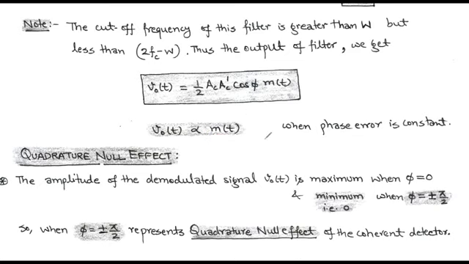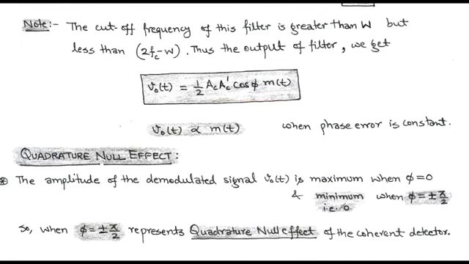Now, in synchronous or coherent detection of double sideband suppressed carrier, there is an effect that is called the quadrature null effect. According to this effect, the amplitude of the demodulated signal, that is V naught of t, is maximum when phase phi is equal to 0, because we know that cos 0 is equal to 1 and we get output having maximum amplitude.